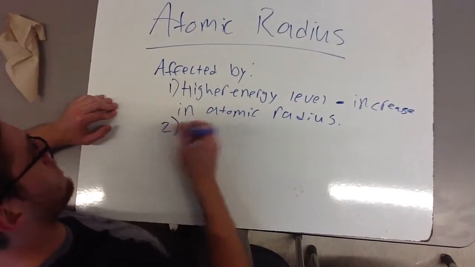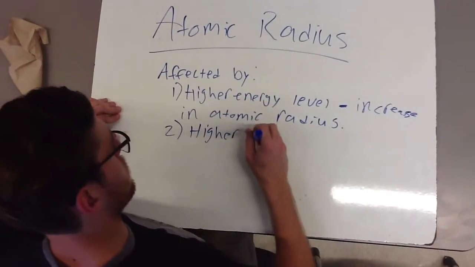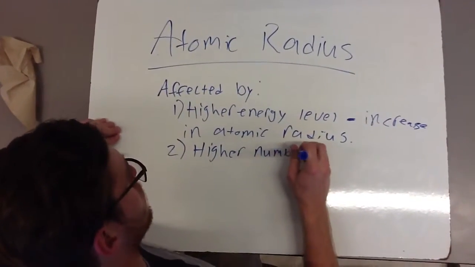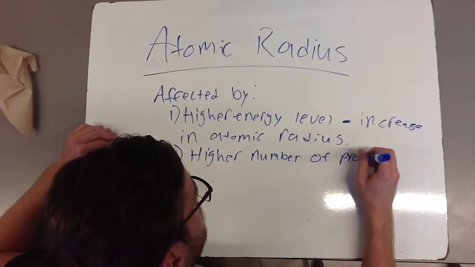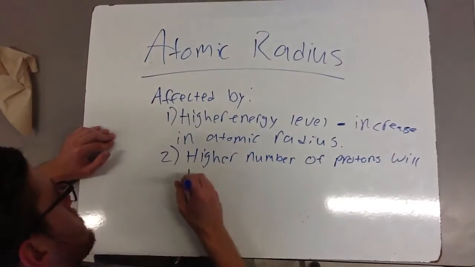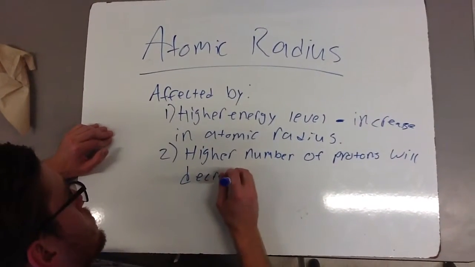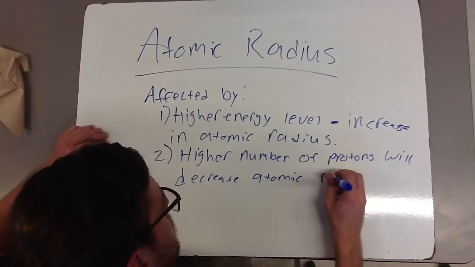And then the second one is a higher number of protons will decrease atomic radius.